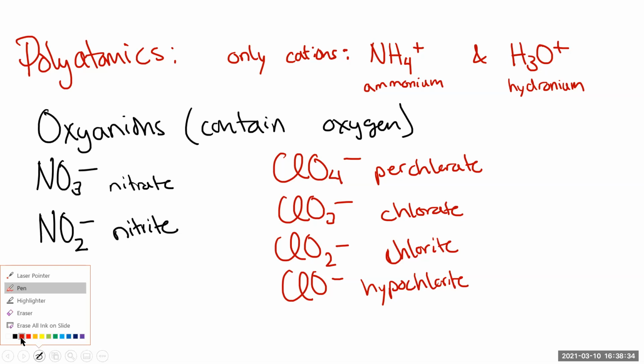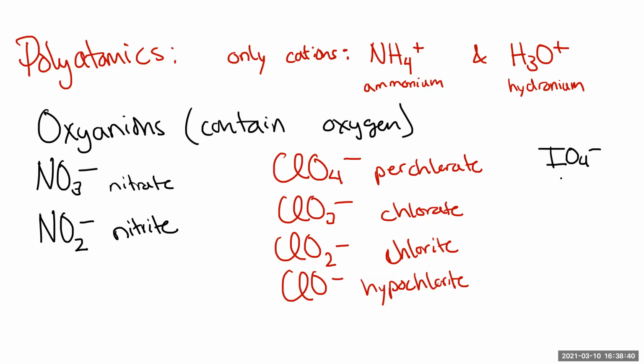The nice thing is, related to this, all of the halogen ones, be it IO4 minus, IO3 minus, IO2 minus, IO minus, you've got periodate, iodate, iodite, and hypoiodite. And then, of course, you've got the ones associated with bromine.